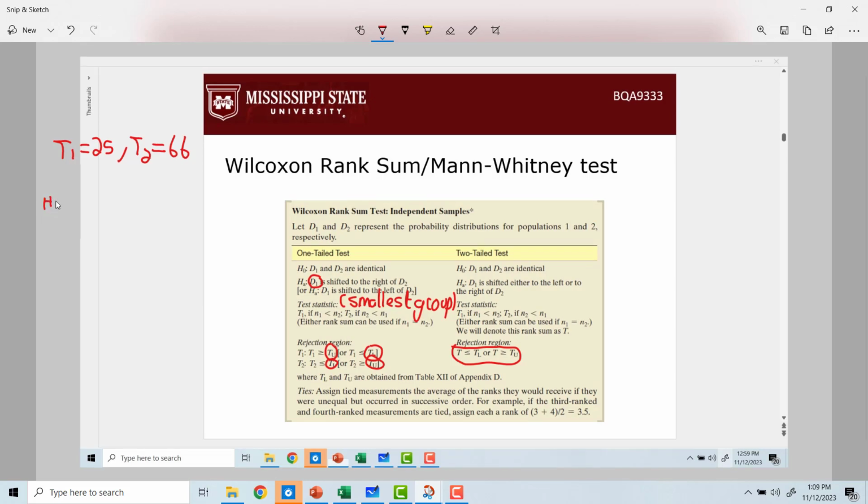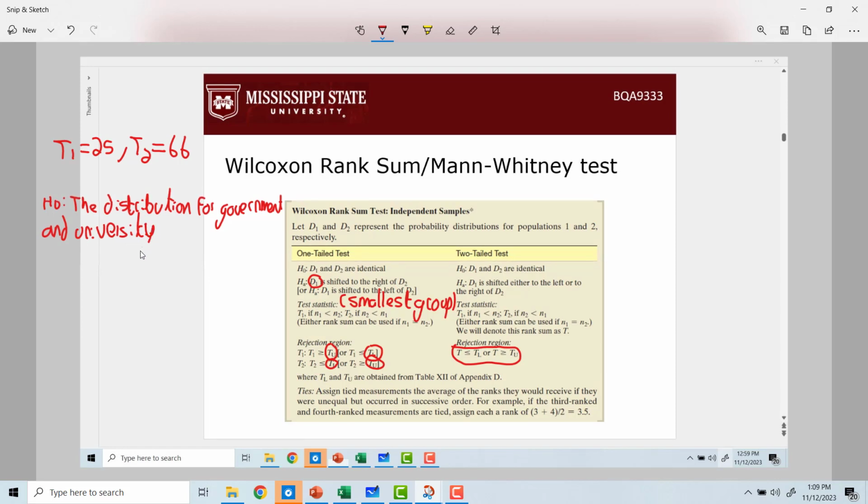So H0, we have the distribution for government, and again, if you want to be, you can still just use D1 and D2 in the exams.